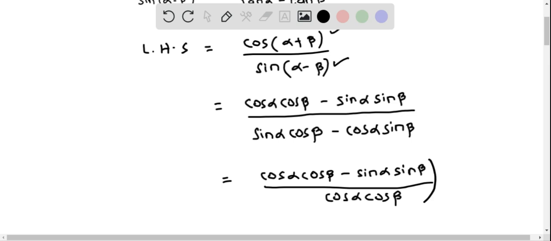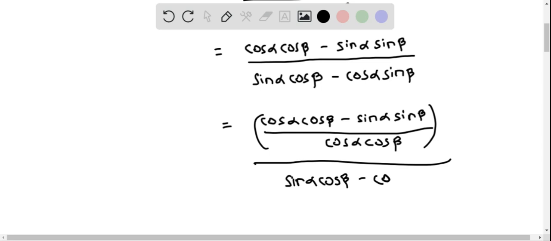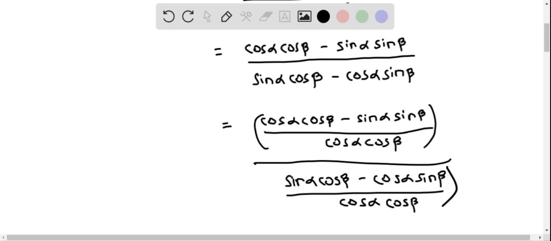This is the numerator part, and this is all over the denominator part. It is sine alpha cosine beta minus cosine alpha sine beta, and this also we divide by the same factor, that is cosine alpha cosine beta.